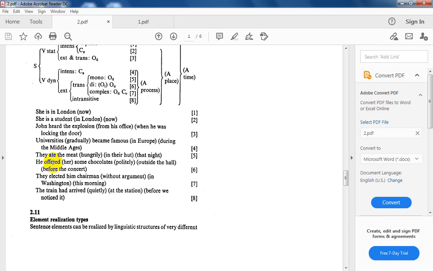Here it is di- because I have two objects, direct and indirect. Why is it complex? Because I have a direct object plus an object complement. The last one is intransitive, in which there is no object and no complement.